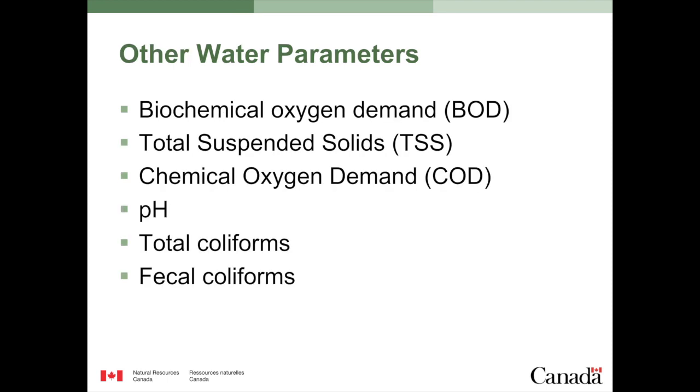There are several other parameters that come into play. There's BOD, TSS, COD. The definitions of the acronyms are up there. Biological oxygen demand under 100 milligrams per liter, total suspended solids under 100 milligrams per liter, and pH of 6.5 to 8.5. So the pH is not a problem for the willows.